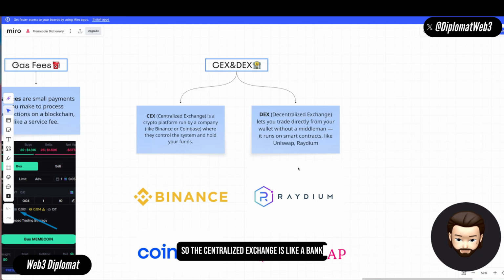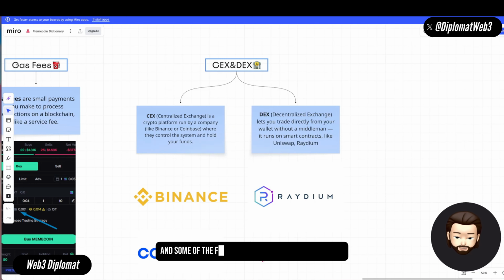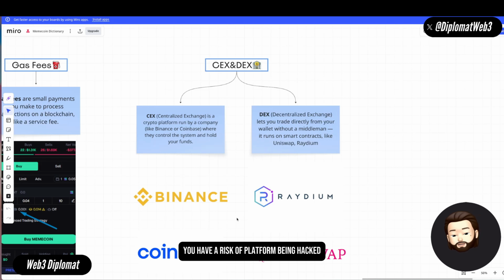So the centralized exchange is like a bank. It needs to know everything about you. But the decentralized exchange is like a farmer's market. There is no middleman. You work with the same people like you. And some of the differences: on the centralized exchange, you have a risk of platform being hacked.